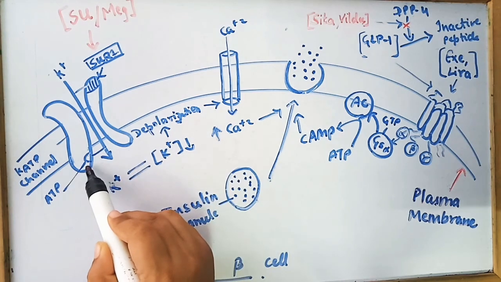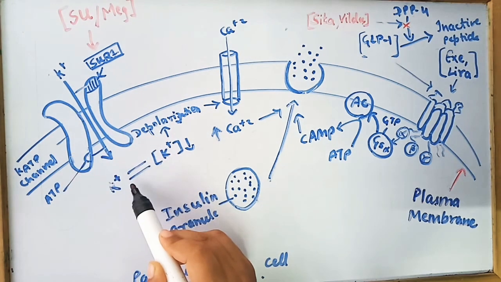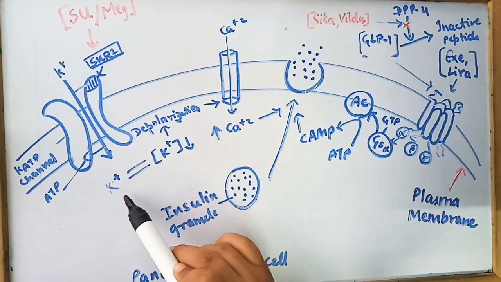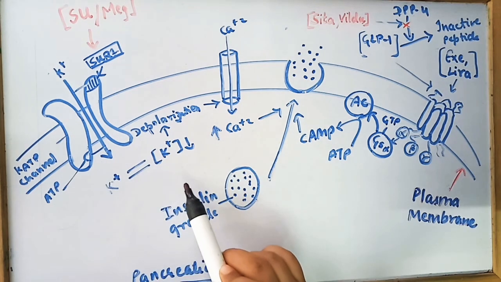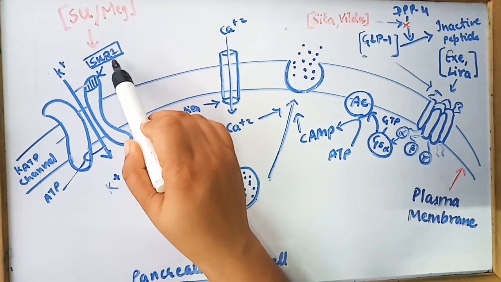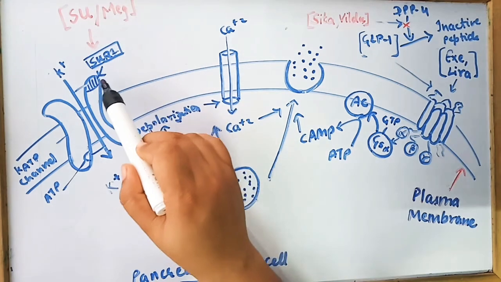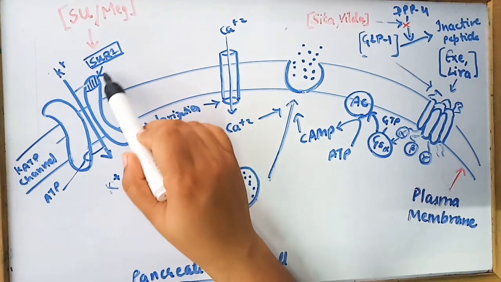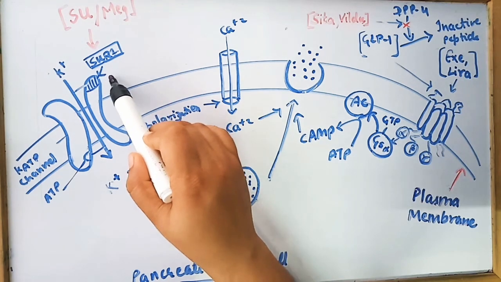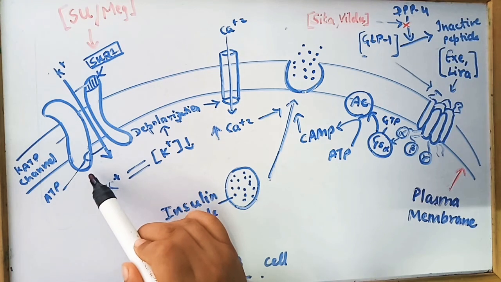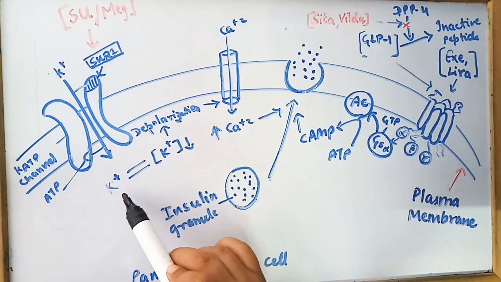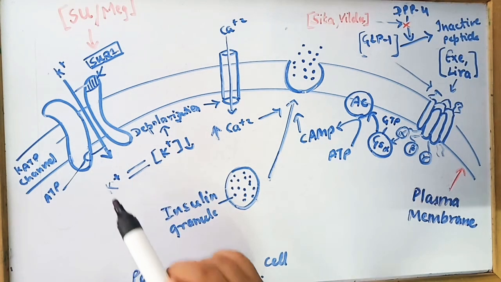So when ATP is activated, the potassium gets inside the pancreatic beta cell and it has a sulfonylurea receptor over it. So these sulfonylureas and meglitinides go and bind to this sulfonylurea receptor 1, due to which the channel is not getting activated and the potassium stores inside the pancreatic beta cell decrease.